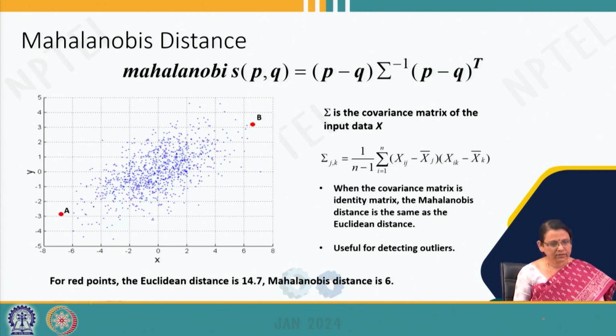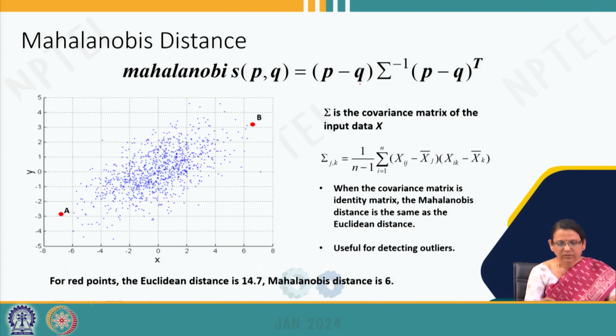Now, Mahalanobis distance can be defined as a function of P minus Q, where P and Q are two vectors, two points in the multidimensional plane, and all of them have some p number of components.